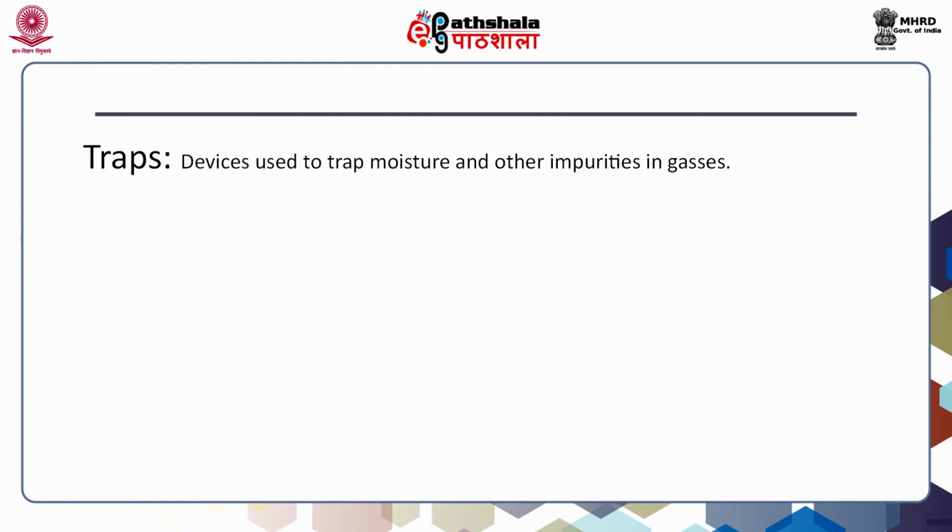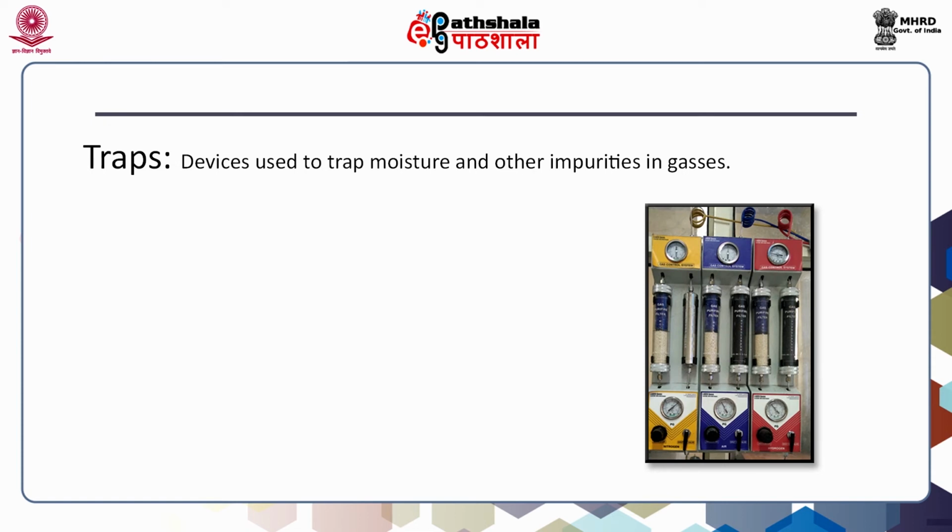Now, we are using the traps. Here I am discussing various traps which are used in gas liquid chromatography. Since we are using gases in gas liquid chromatography, the general requirement or principle is that these gases should be very pure or highly pure in nature.